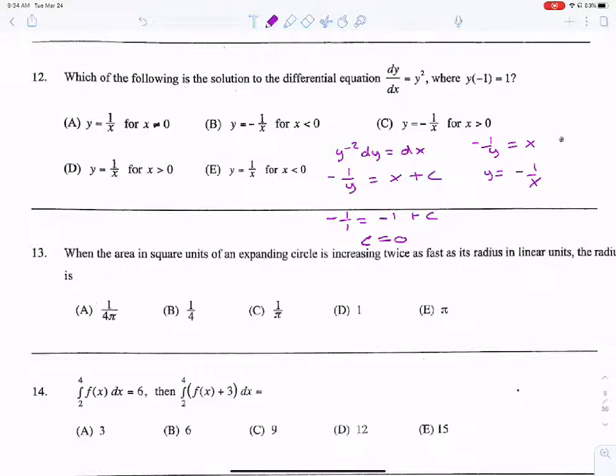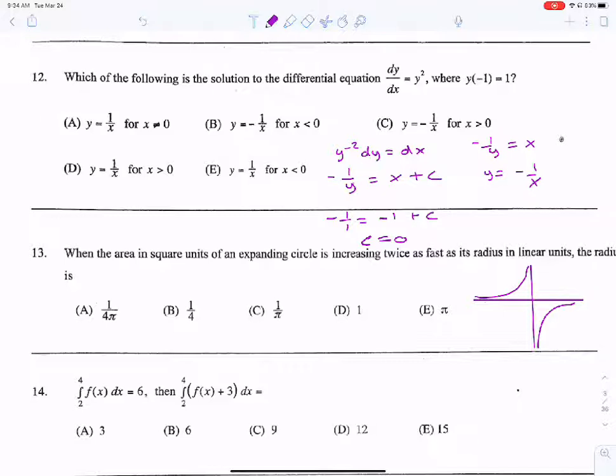So when we talk about the domain now, let's think about what this graph looks like. Because there's a vertical asymptote, there are two branches to this graph. One is going to look like this, and the other is going to look like this. We want the branch that includes the point.